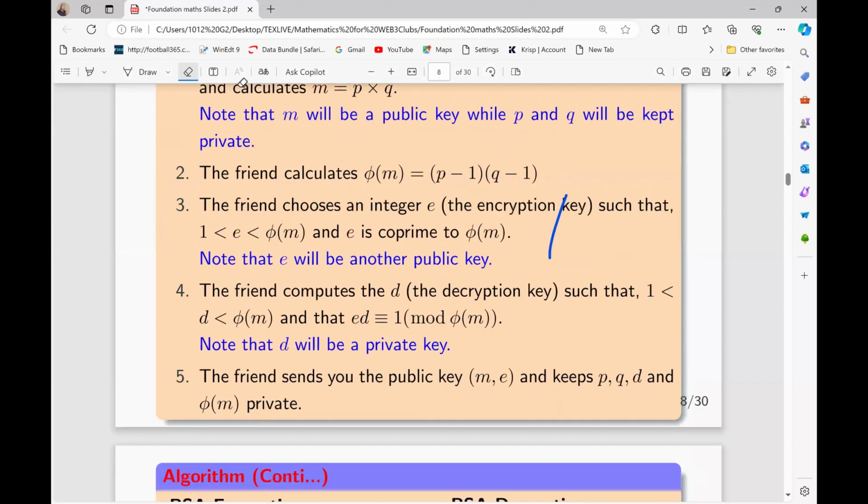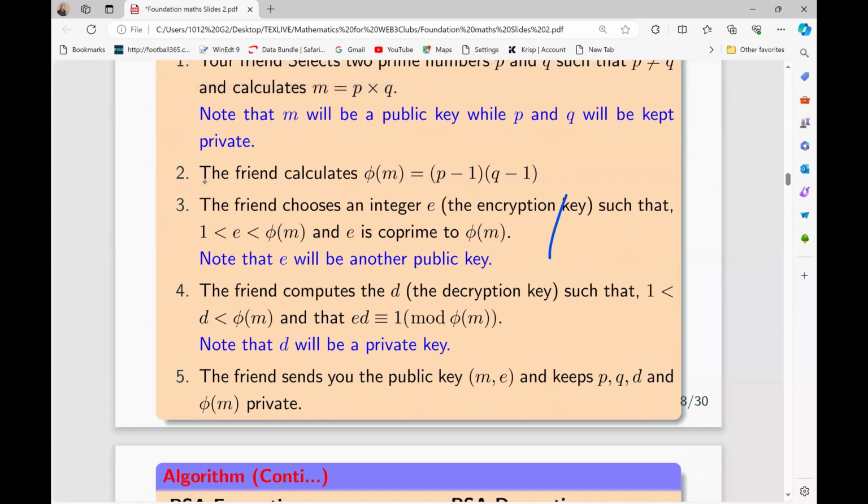Now, to find this D, we've said that this is the inverse of E. Your friend has two options. The first option, he may want to use the extended Euclidean algorithm, or he may want to use Euler's theorem, because your friend has those two methods.